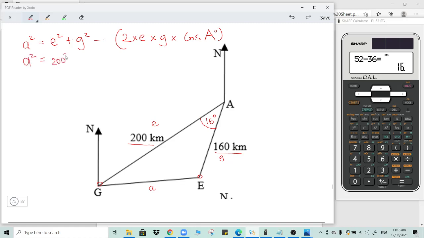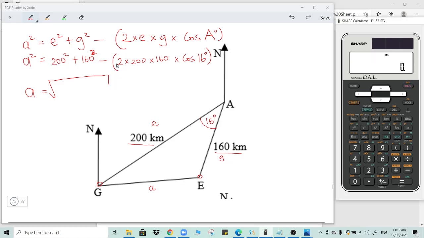So that's 200 squared plus G is 160 squared, minus 2 by 200 by 160 multiplied by cosine A. Capital A is 16 degrees. All we have to do is type this on our calculator. That will give us A squared, and then we just need to square root the final answer, because when you throw across a squared, you get a square root.